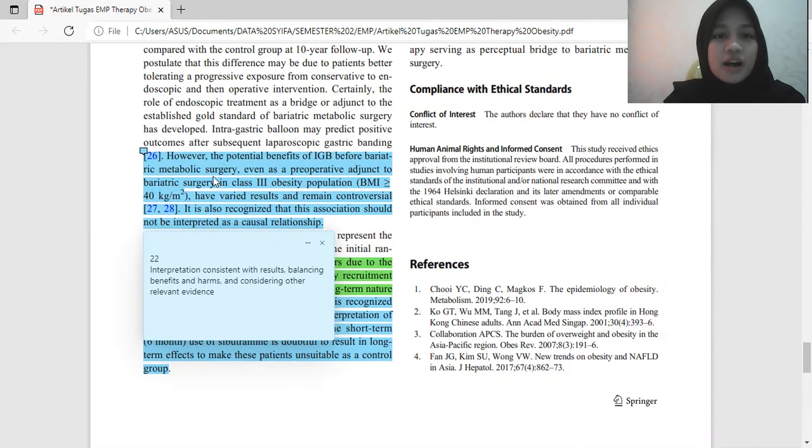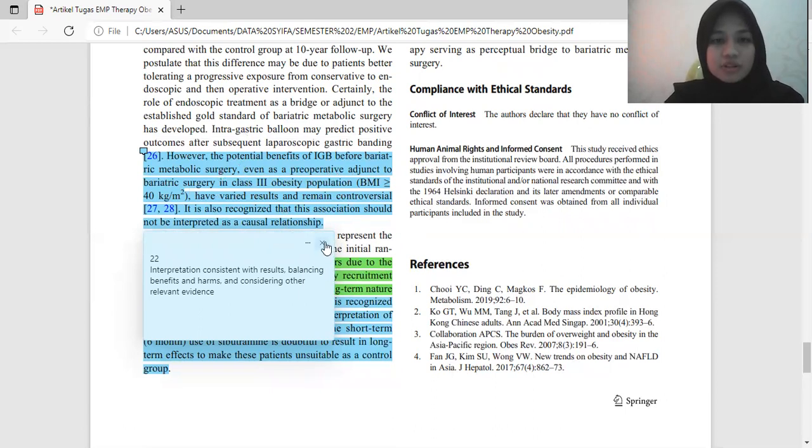We can see in here, however, the potential benefit of IGB before bariatric metabolic surgery, even as a pre-operative adjunct to bariatric surgery in the class 3 obesity population. So number 22 is available.